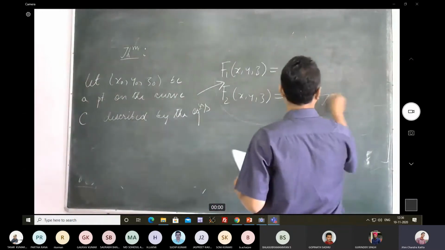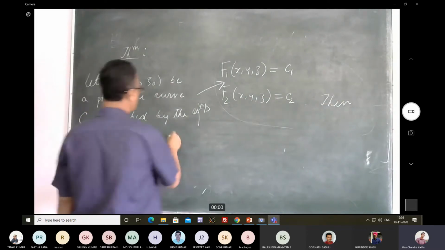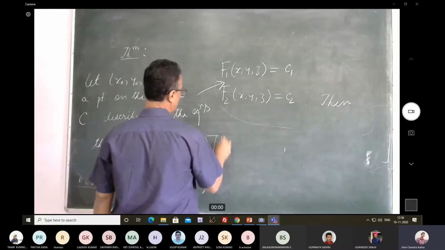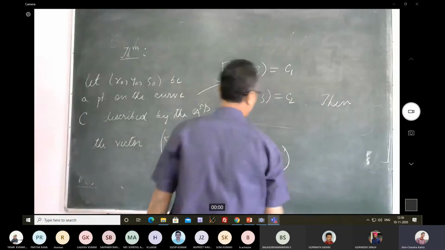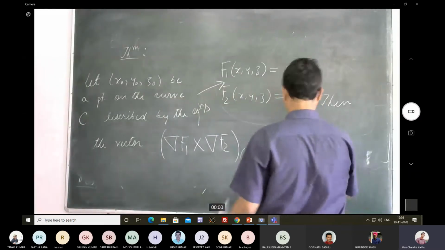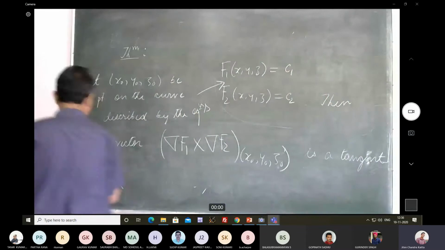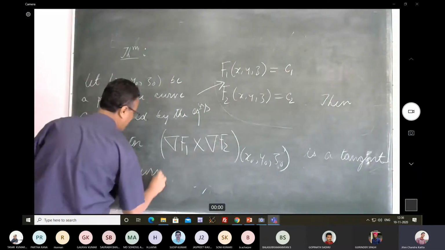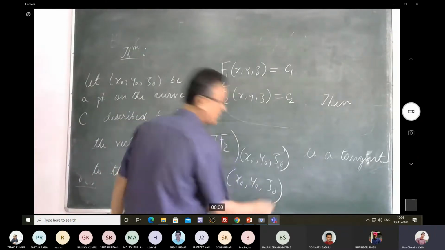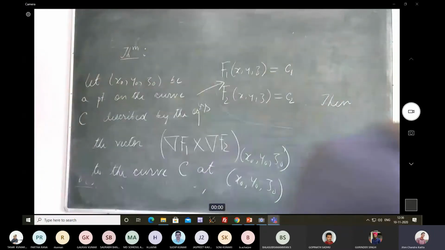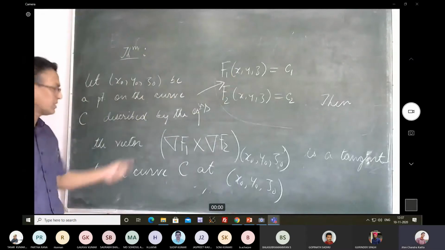Then the vector grad f1 cross grad f2 at the point (x0, y0, z0) is a tangent to the curve C at (x0, y0, z0). Have you come across this before?